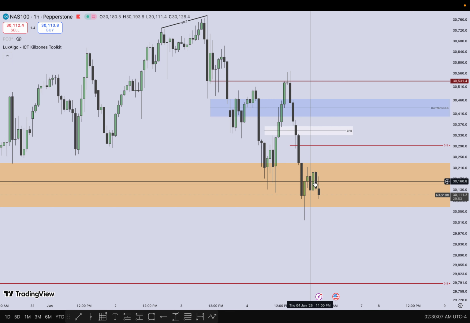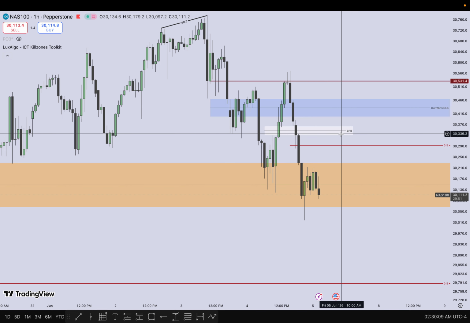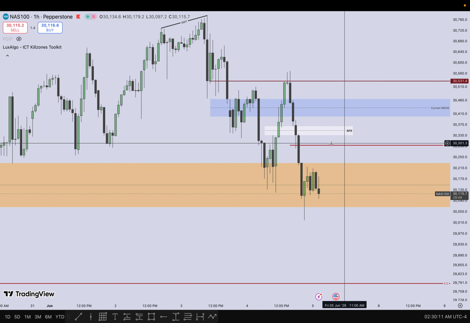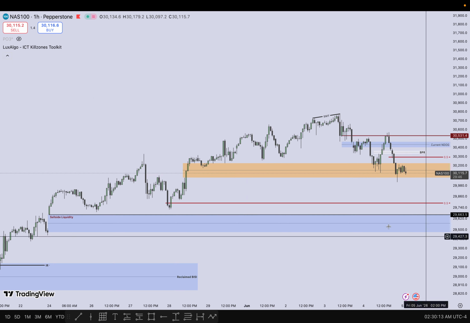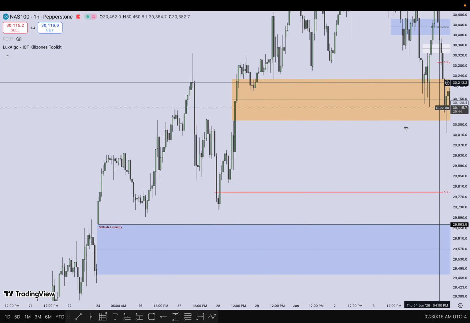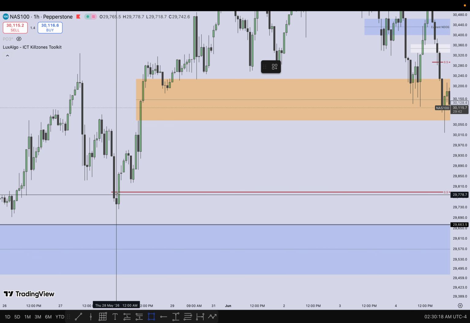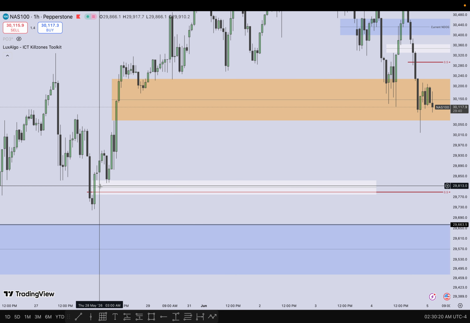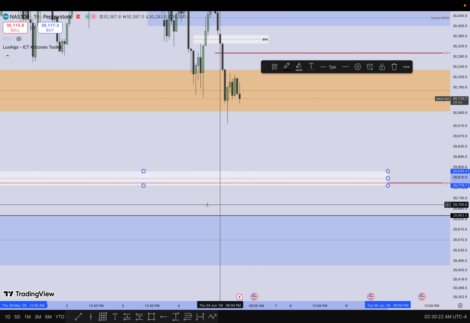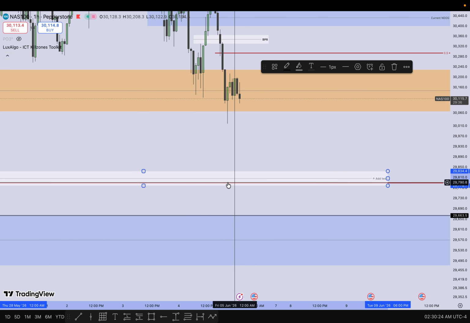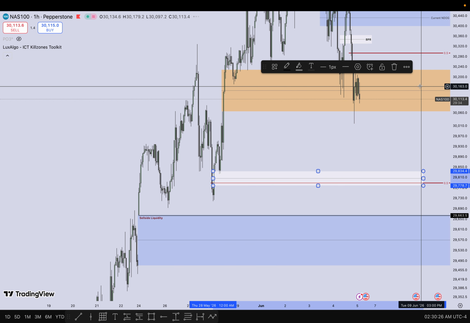and some of it should be repriced or rebalanced. So I'm expecting the price should come all the way up and balance this or this fixed midpoint, or come down to lower prices and balance this unmitigated inefficiency, which is adjacent to this wick's midpoint.